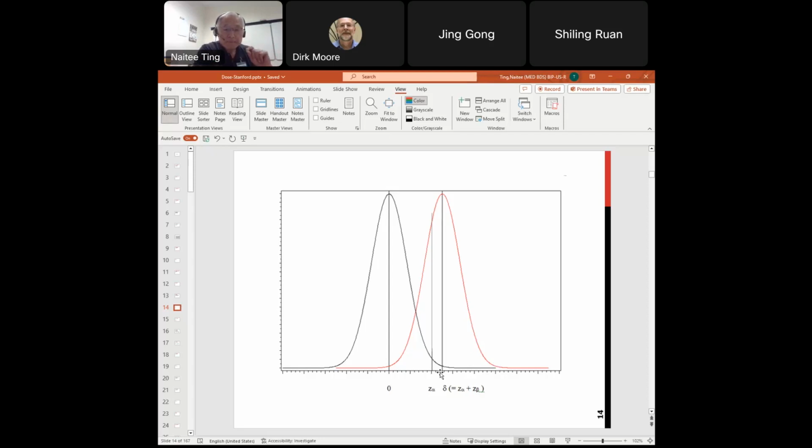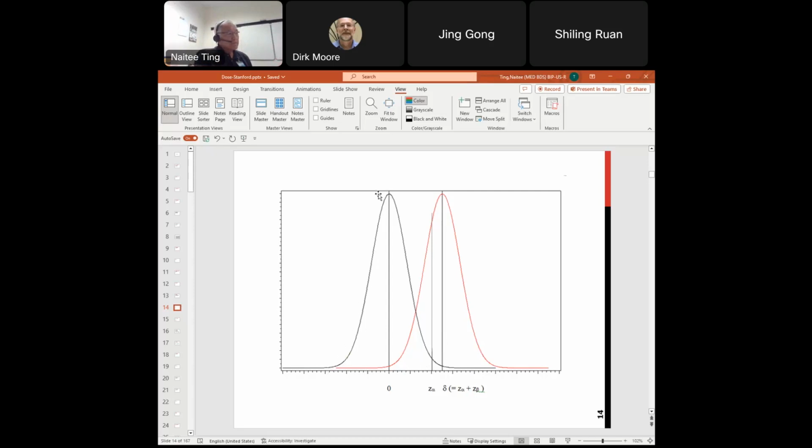Now, if your sample size is small, then the two distributions are pretty flat, very flat distributions. And of course, your area to the left of Z alpha and to the right of Z alpha is going to be a large area. So now what you do, you increase sample size. When you increase sample size, your distribution looks steeper and steeper and steeper.